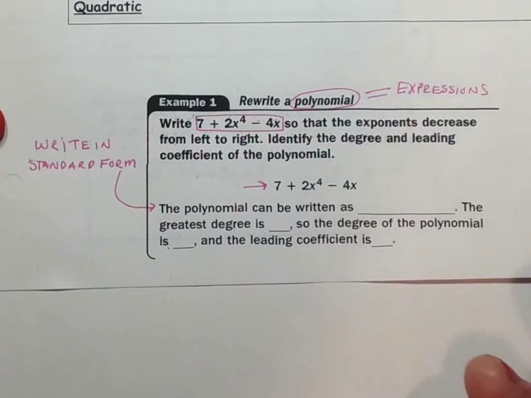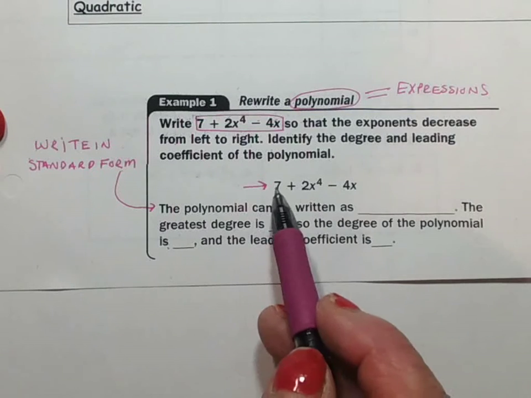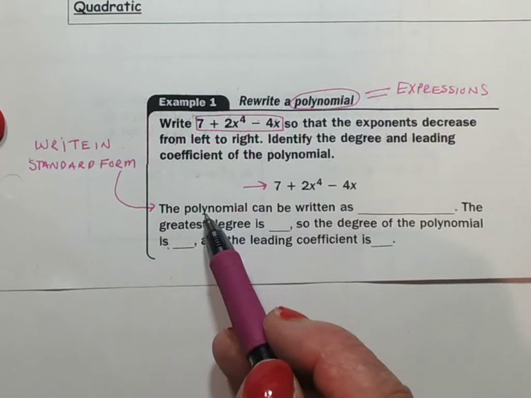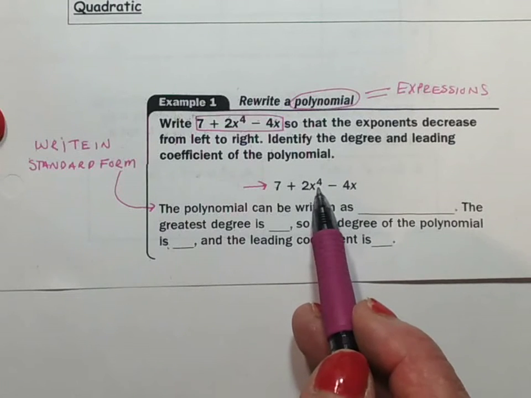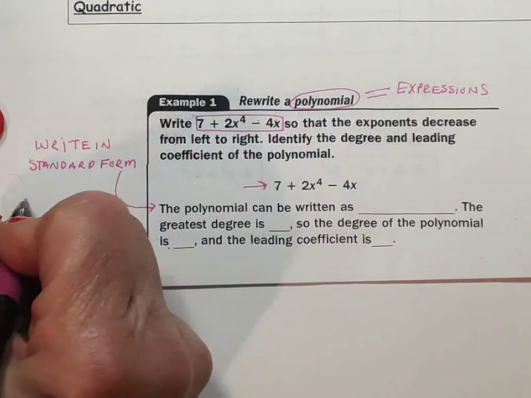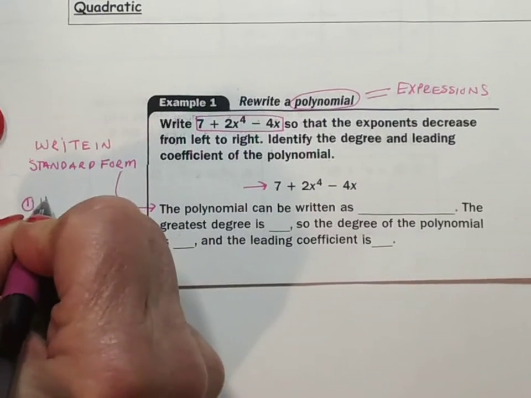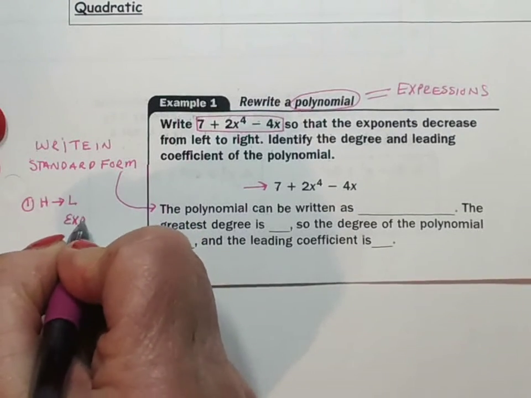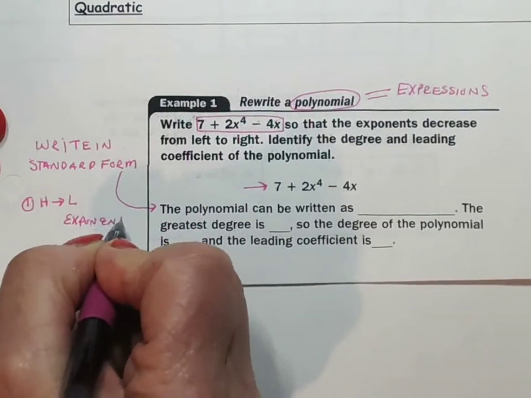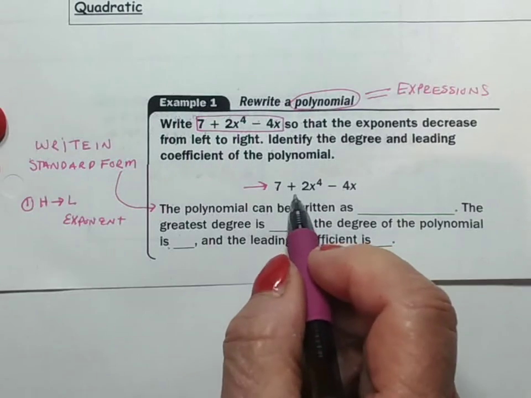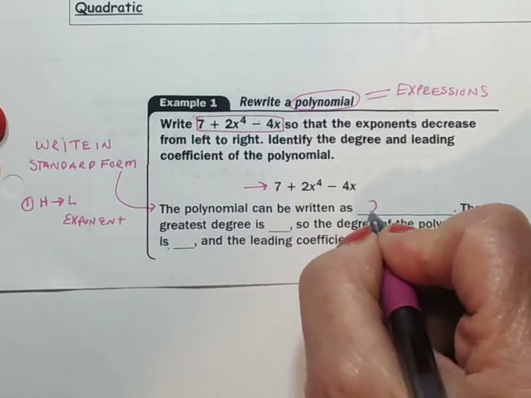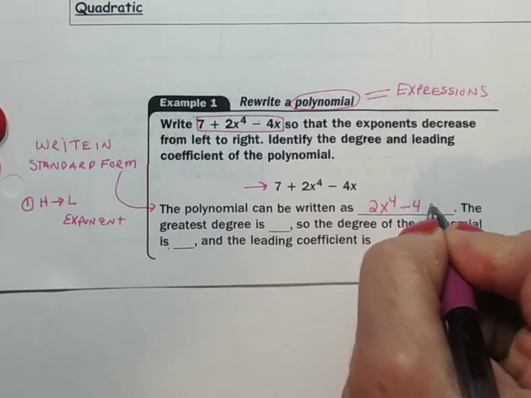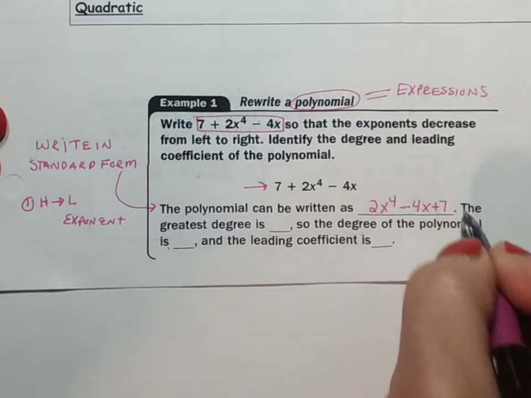If we just did it any old way, someone might have an answer like this, and someone might have the negative 4x first. But we're always going to go from the high to the low exponent. So that means that we're going to write this as 2x to the 4th minus 4x plus 7.